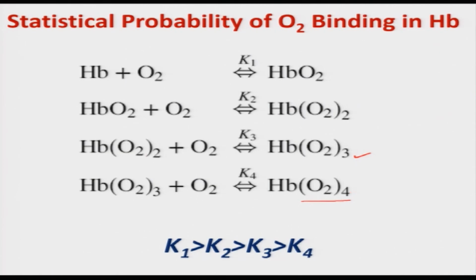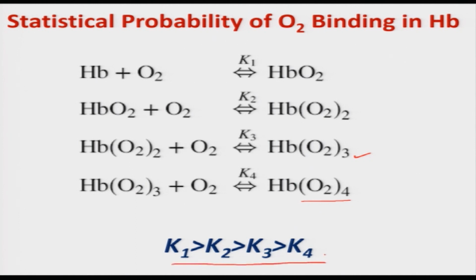Okay. Now, if you consider a simple system where these heme centers are not interacting, not linked, not influencing each other, what can you see? You can see that the statistical probability of binding dioxygen will decrease in this fashion.